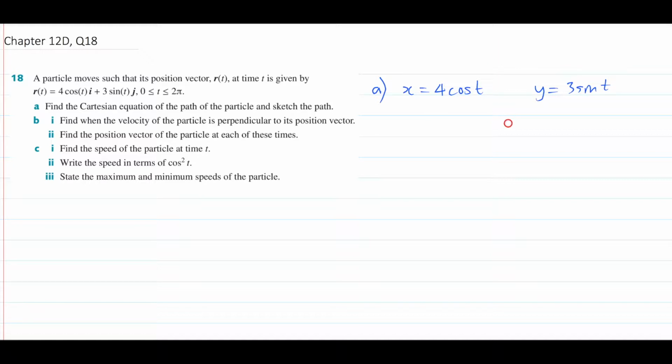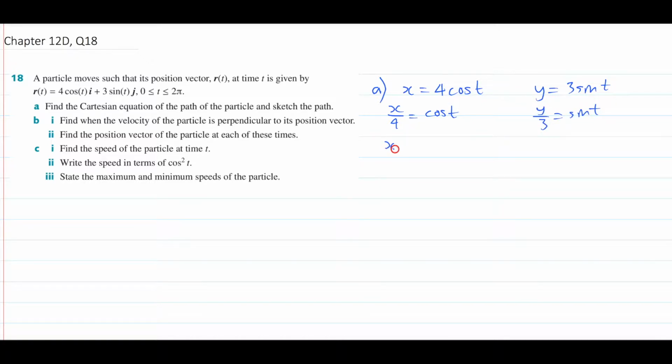And then you want to get rid of the t, because your Cartesian equation must be in terms of y and x only. To get rid of the t, we know there is the identity cos squared plus sine squared equals 1. So we want to get the squares up there first. Divide both sides by 4 and you get cos t. Divide this side by 3 and you get sin t.